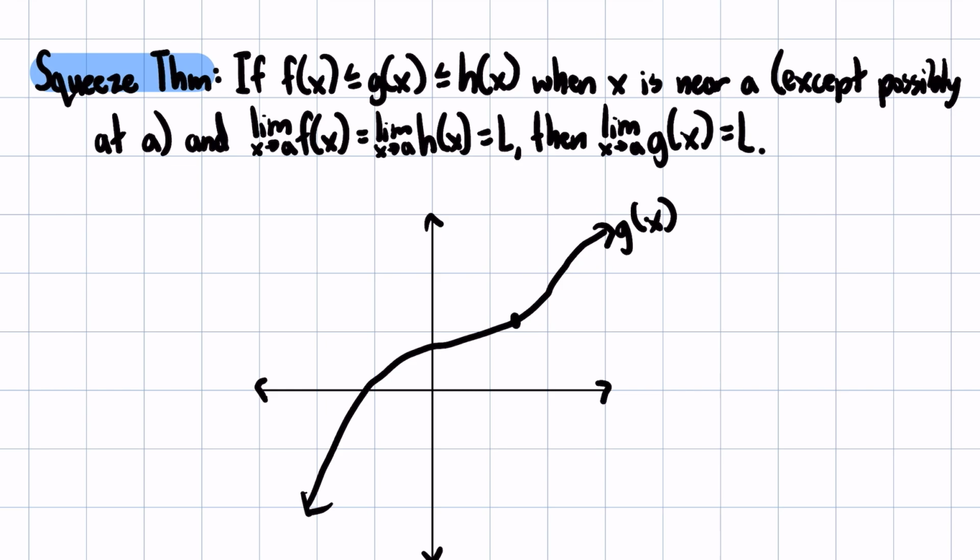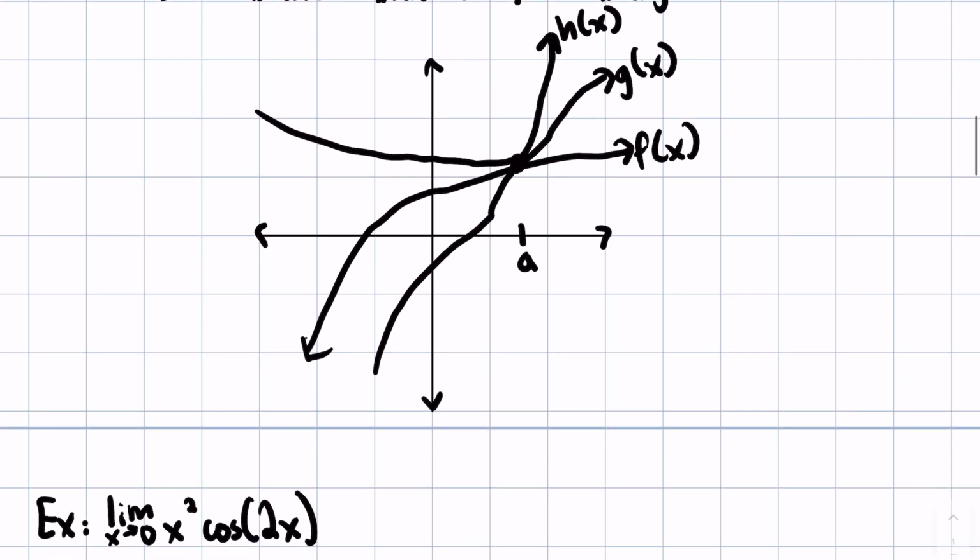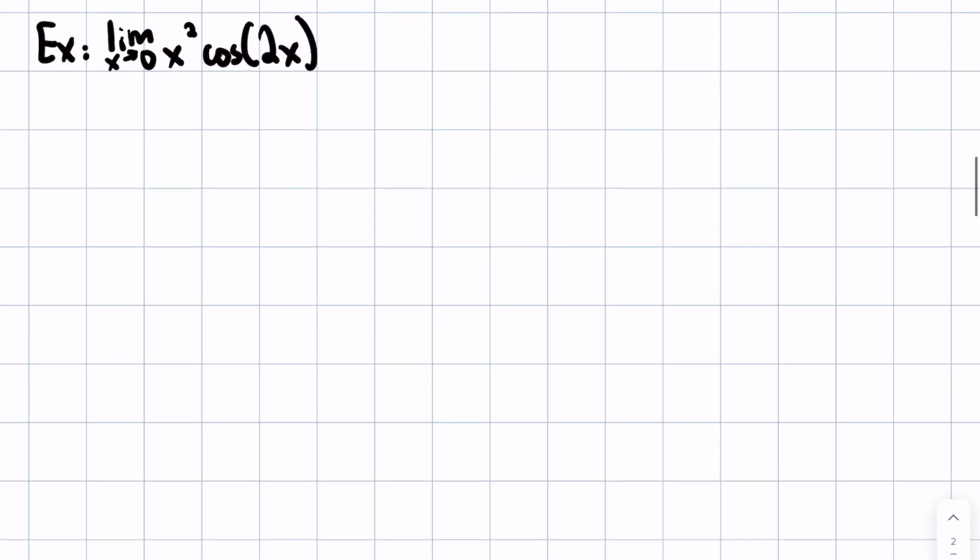So basically, if we have a function below called f of x, and a function above, called h of x, that both have this limit at that point, say this is a, then we know that g of x is kind of squeezed between the two, so it must have that limit as well. So that's our definition of the squeeze theorem. And then we're going to go ahead and do an example or two.